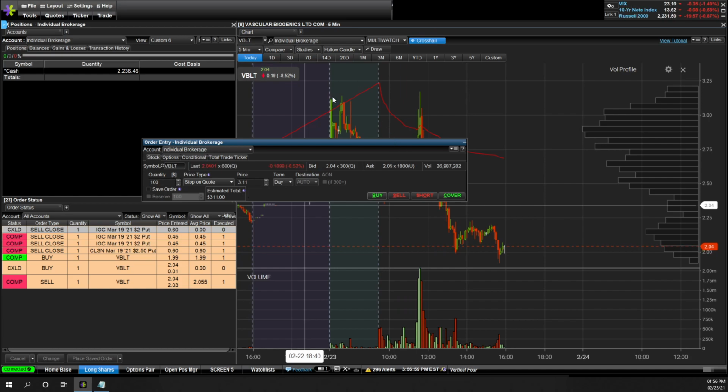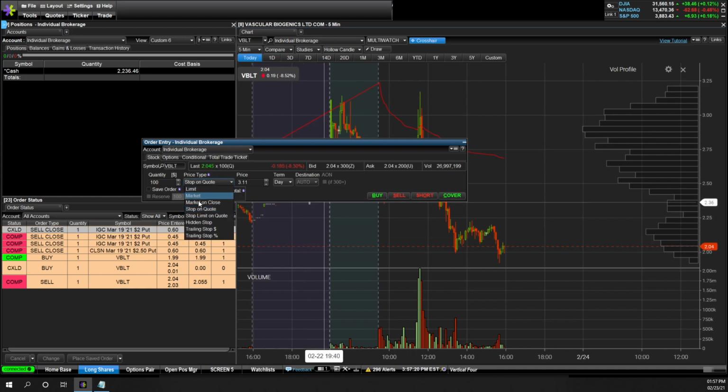So what would happen is, you might want to put your order at 312, 313, because if the stock prints at 311, you're going to market order in. And that could be a triple top. So another option, of course, is stop, cancel that, stop limit on quote.